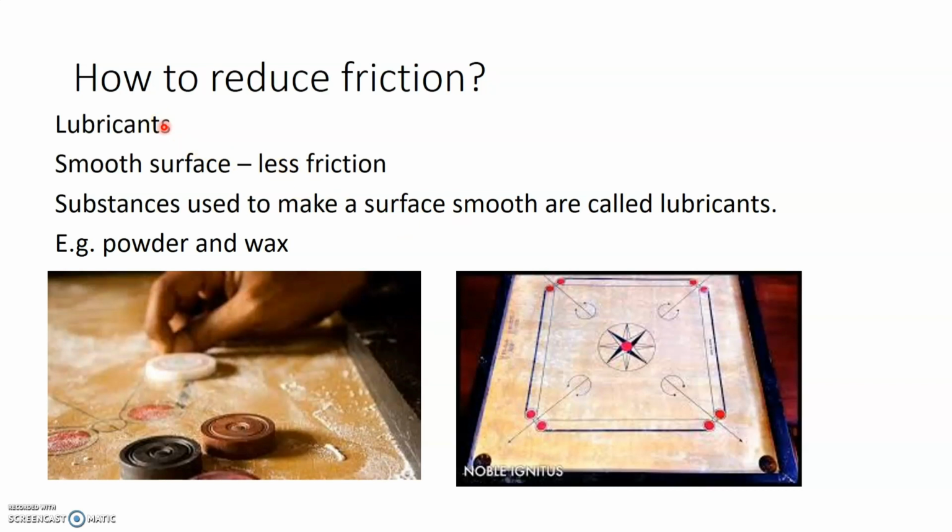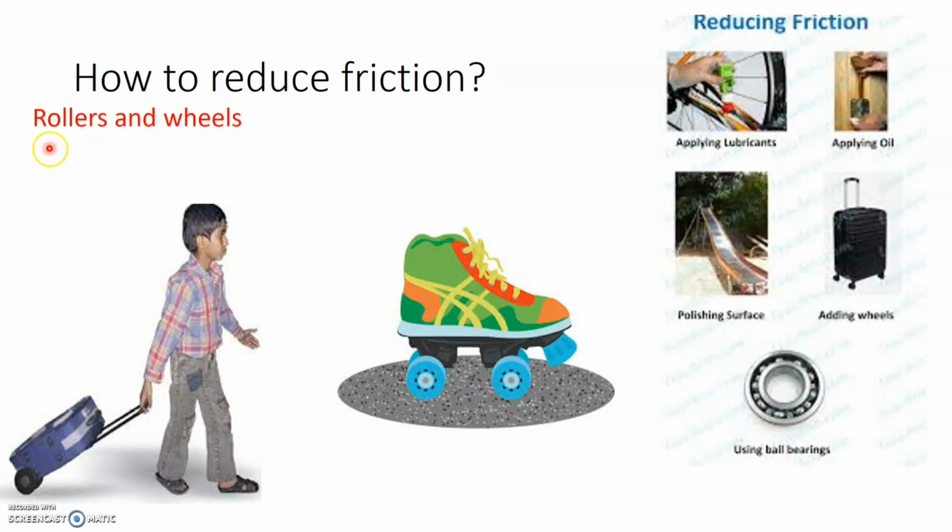In addition to the usage of lubricants, using rollers and wheels will also help to reduce friction. You all would have seen that cars, trucks and bicycles have wheels, isn't it? Why do you think they have wheels? This helps to reduce friction. If you look at this picture, you can see a boy rolling a suitcase.